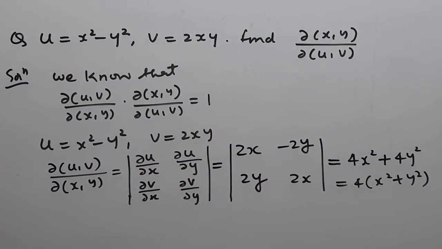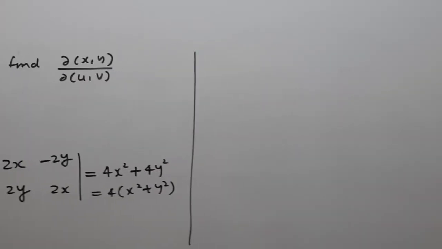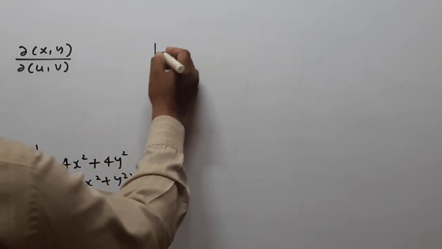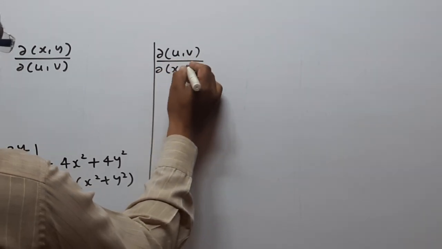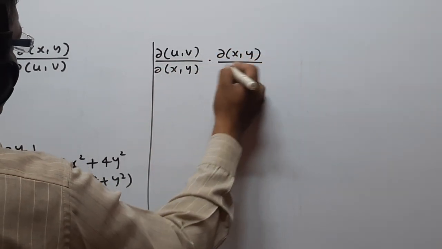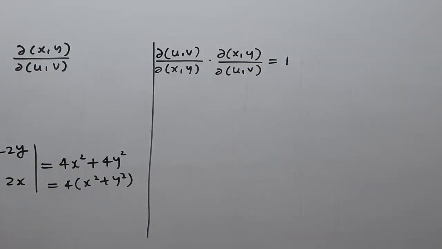Now we use the property here to get the solution. So we know that the Jacobian of uv with respect to xy multiplied by the Jacobian of xy with respect to uv is equal to 1.